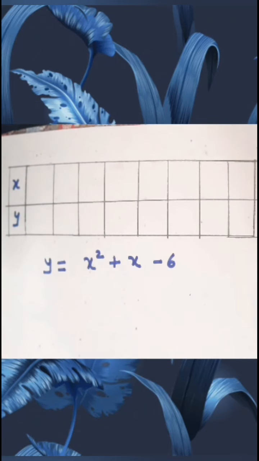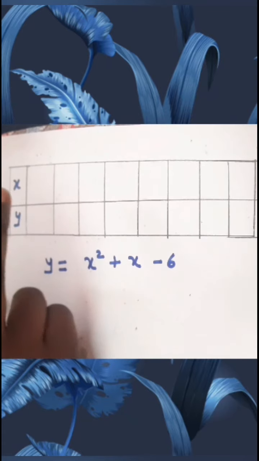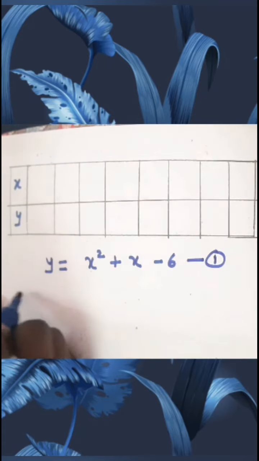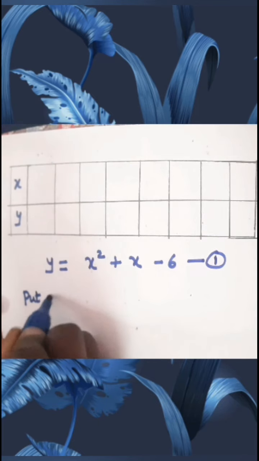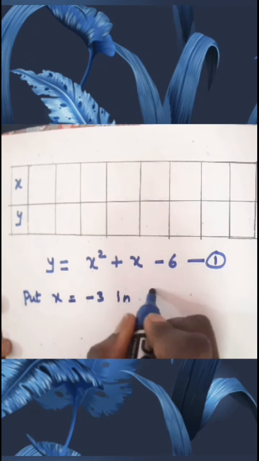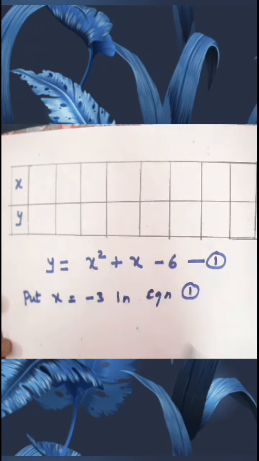So we can plot the points from minus 3 to positive 3. Minus 3. So what you are going to do is we'll take this as equation 1. So put x is equal to minus 3 in equation 1.